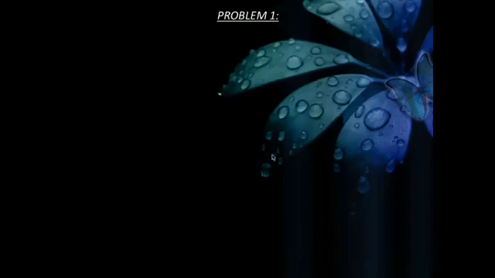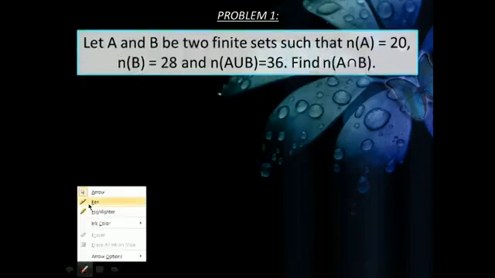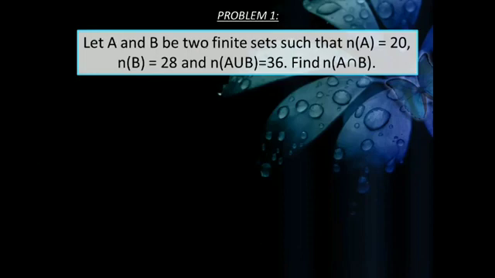Let's have an example. Let A and B be two finite sets such that n(A), the cardinality of A, is equal to 20, the number of elements in B is 28, and the number of elements of A union B is 36.